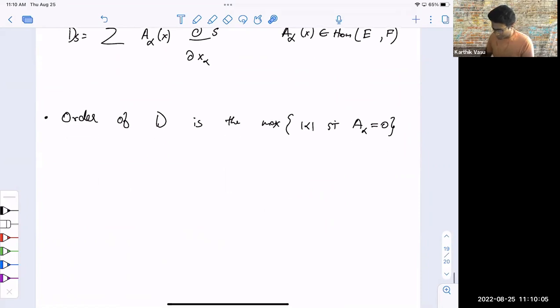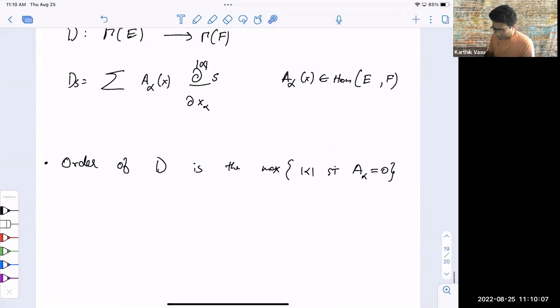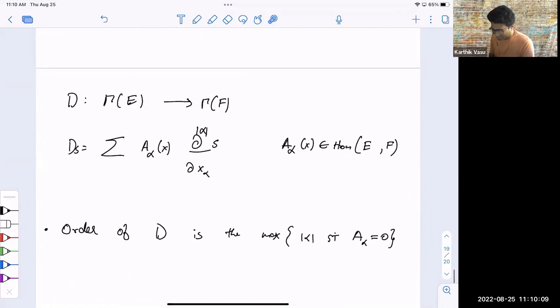Now, as you see, I could only define these in local pictures. These coordinates do not make sense in a global sense on a manifold because you don't have directions to differentiate, right? The directions don't make sense. When you do a change of coordinates, these will all change in a very weird way. So this is not a global picture.